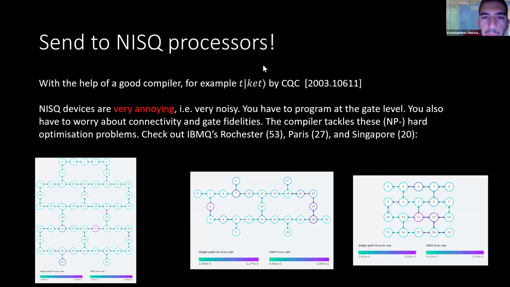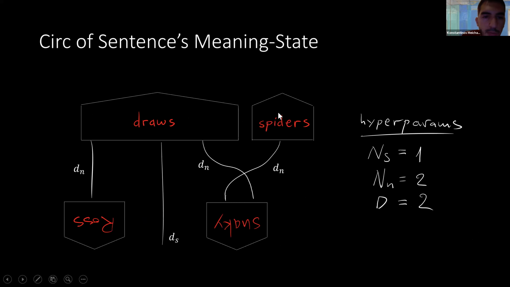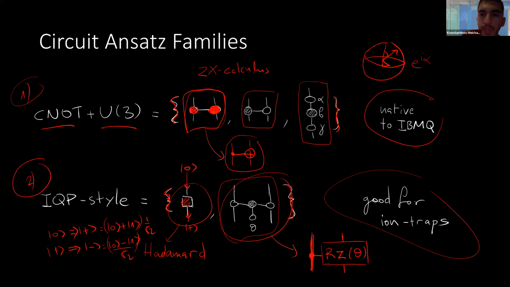Why do you select IQP ansatz? How about other ansatz? Yes, so this was just an example. As I said before, what ansatz to use really depends on the machine. For example, for IBM's machines, you can generate your Ansatz with CNOTs and single qubit rotations.